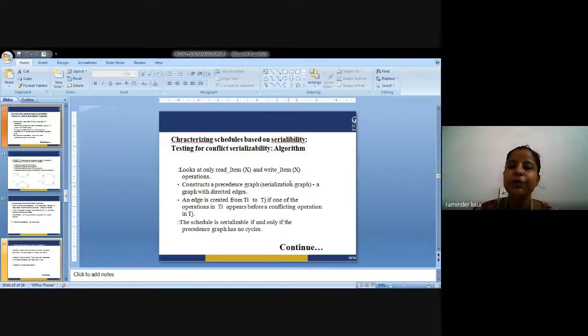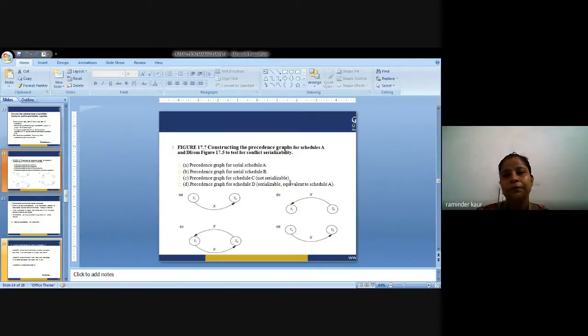Then the schedule is serializable if and only if the precedence graph has no cycle. You can see it here. It is clearly seen from the four pictures that graph C is not serializable because it is forming a cycle.